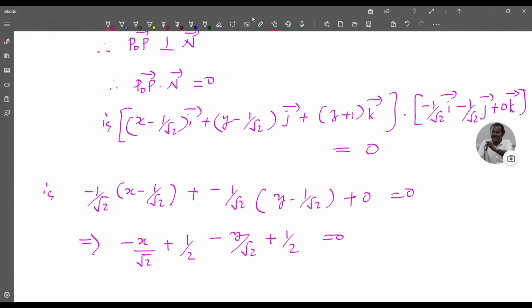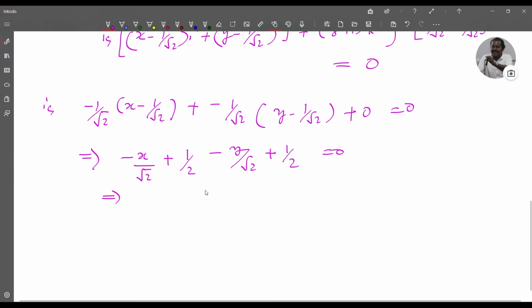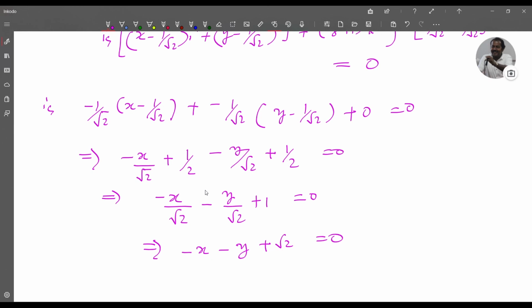So this implies minus x by root 2 minus y by root 2 plus 1 equal to 0. So this implies minus x minus y plus root 2 equal to 0, so x plus y equal to root 2.